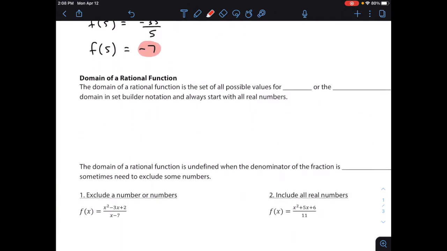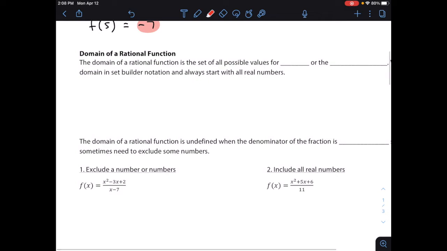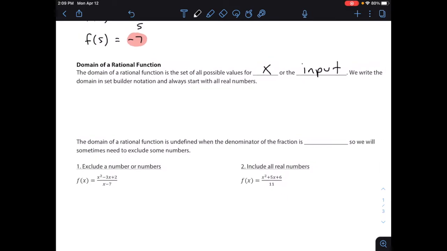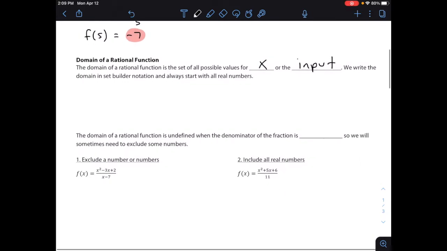So the one thing that we want to now focus on is the domain of a rational function. And the domain of a rational function is the set of all possible values for x, or the input. All right, so we're going to focus on what numbers can we put in a function. And we write the domain in set builder notation.